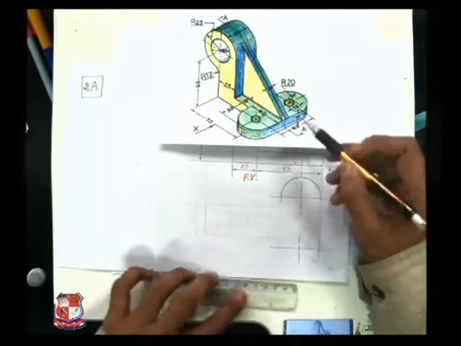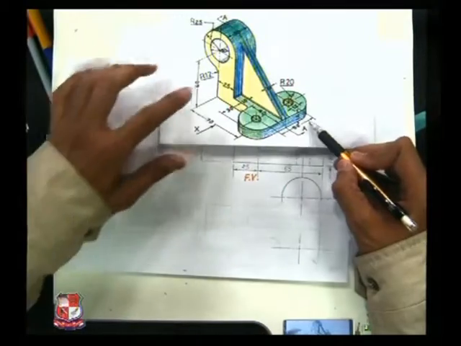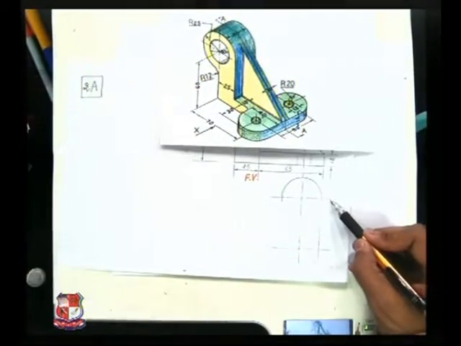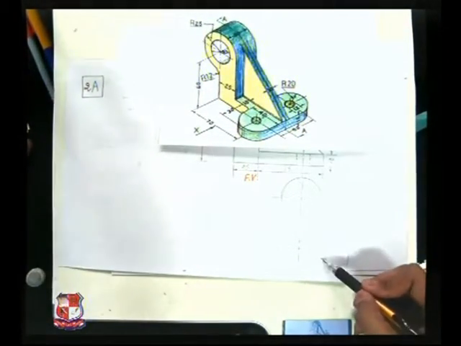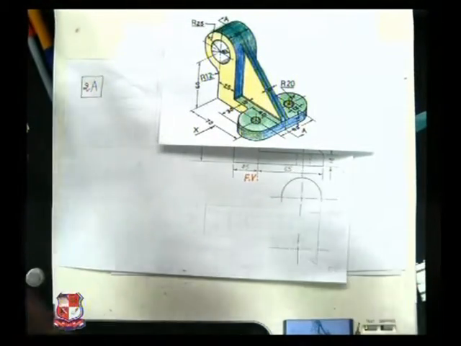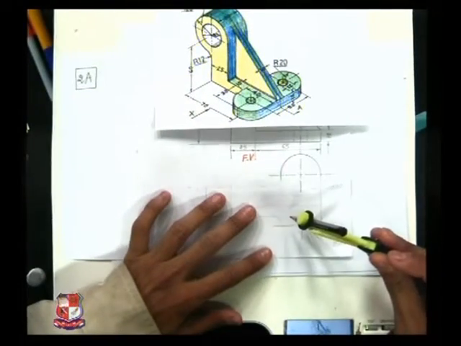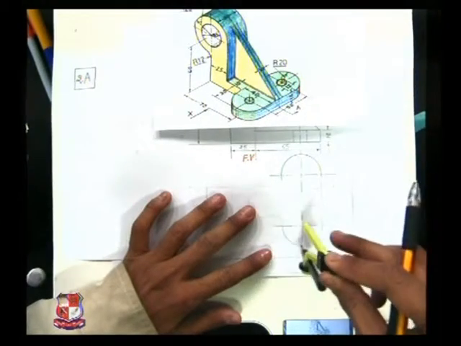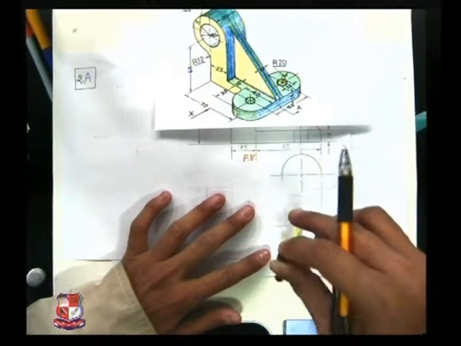The distance between these two centers is given, that is 50 millimeter. So here the distance between this center line and this center line is 50 millimeter, and on this center line also draw the same arc having 20 mm as a radius.